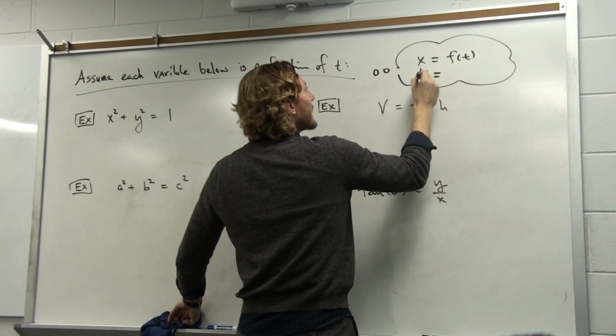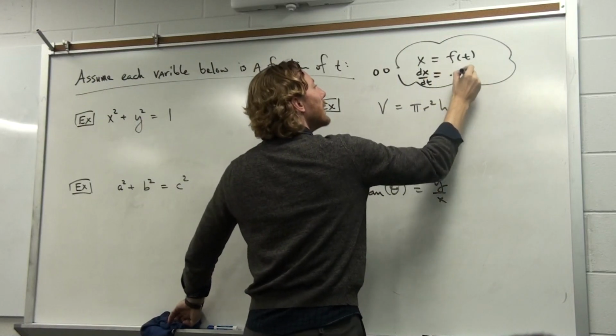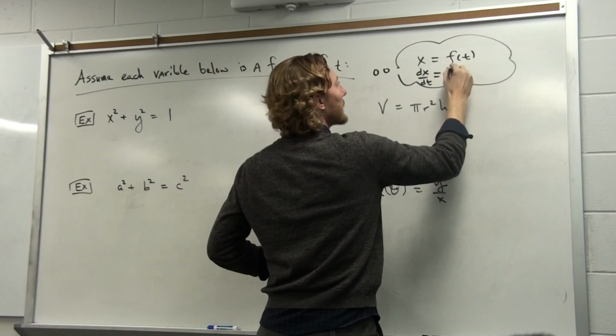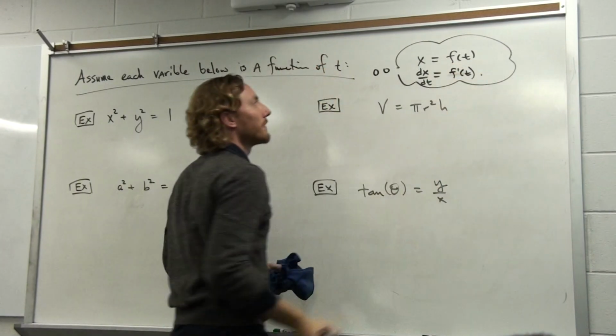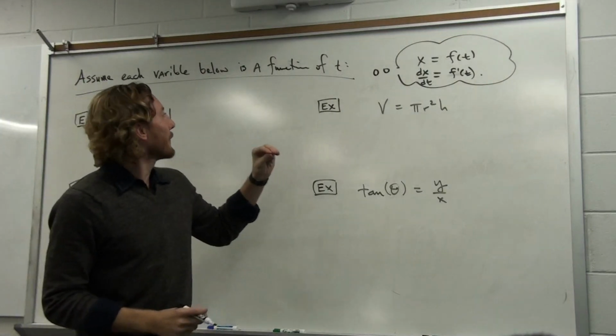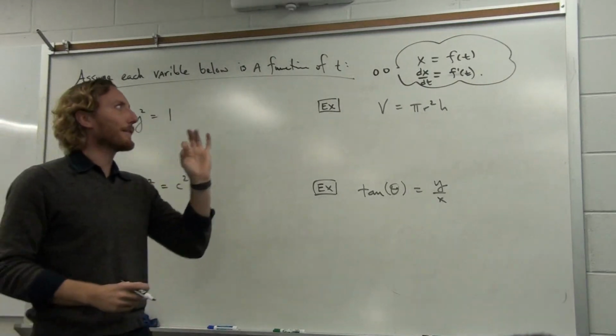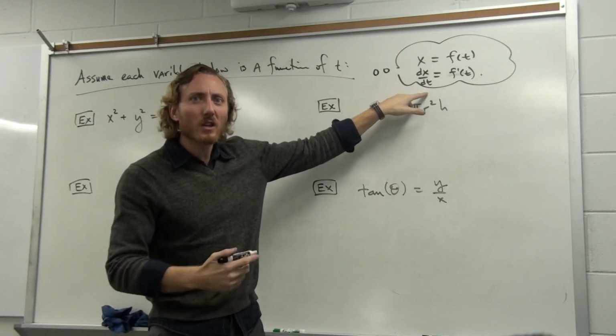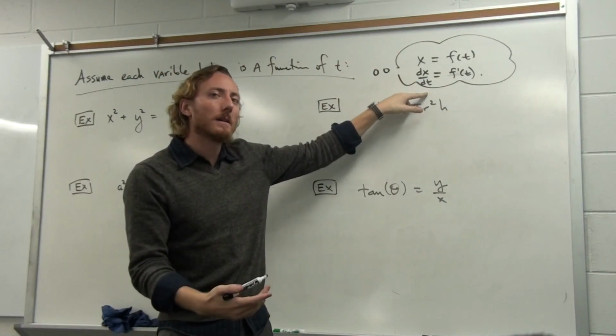But at the end of the day, whenever you produce the derivative, in this case the derivative would be f prime of t. The idea is, if you think of every variable on this board as a function of time, when you take its derivative, the derivative is going to be with respect to time.